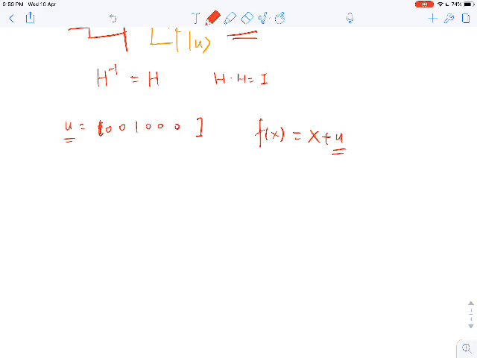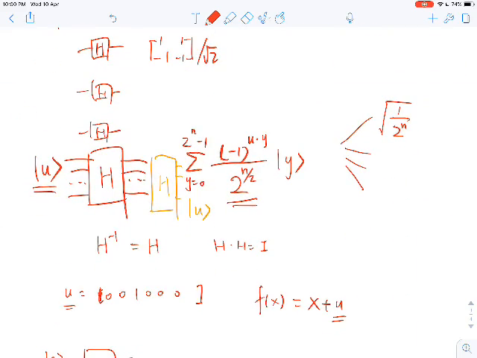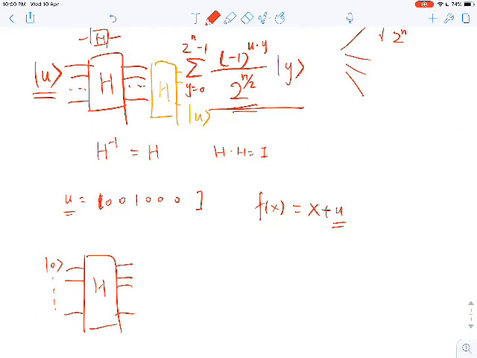We construct a Hadamard gate acting on all-zero qubits, and by this equation we get the state here, the sum over x from 0 to 2^n minus 1 of 1 over 2^(n/2) times x. n is the number of qubits.